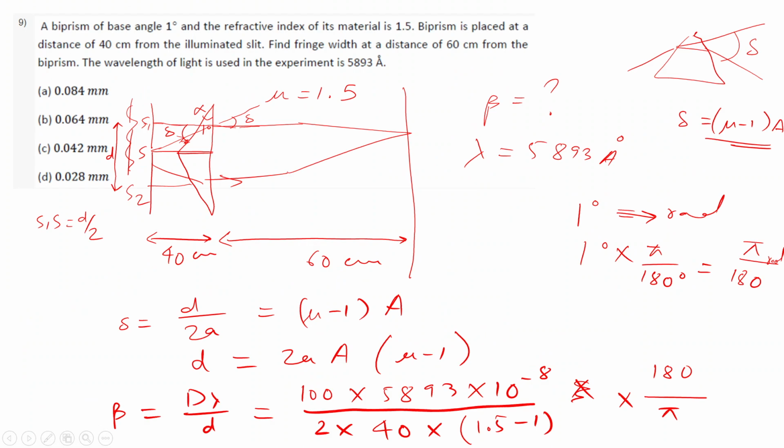And I'll calculate all this by getting 100 multiplied by 5893 multiplied by 180 divided by 80 divided by 0.5 divided by 3.15.